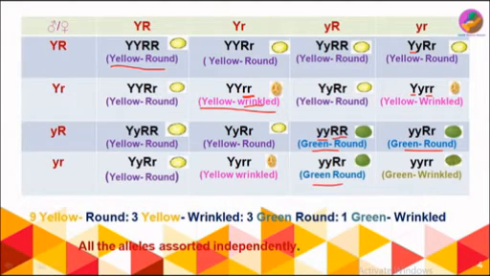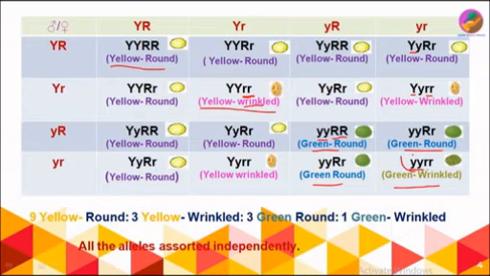The last phenotype you can see was already seen in the parents, because we selected parents that are green wrinkled and yellow round. So this is also like one of the parents. When both small y and both small r come together, they give rise to green wrinkled seeds. So they again show independent assortment.